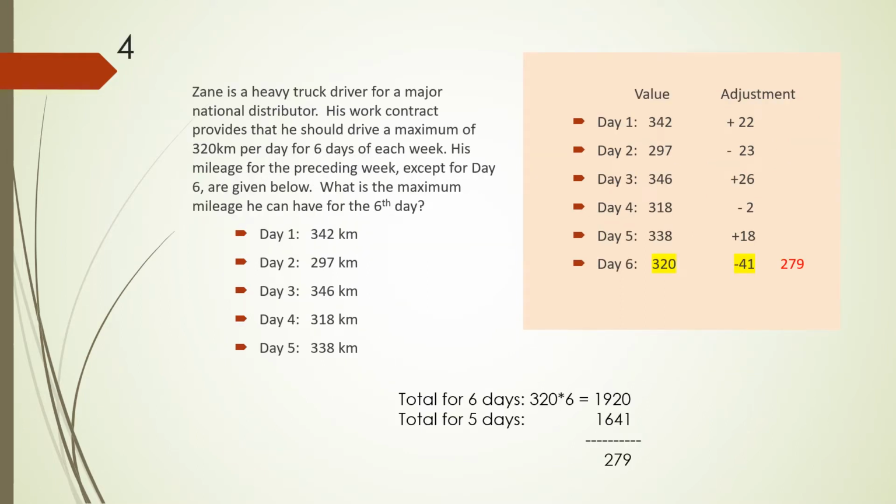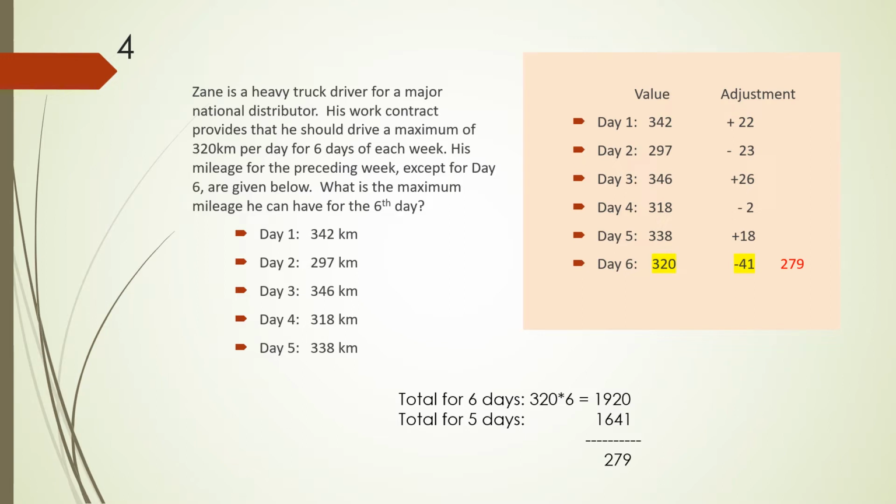For number 4, Zane is a heavy truck driver for a major national distributor. The contract that he has with this company mandates that he should drive a maximum of 320 kilometers per day for 6 days. So that would be the average maximum mileage that he should have.